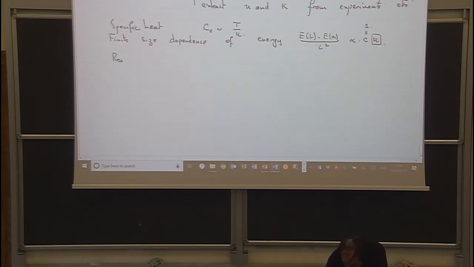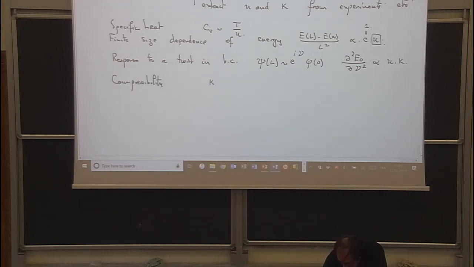Response to a twist in boundary conditions. So if you impose that psi of L is exponential of i nu times psi of 0, then the second derivative of the energy of the ground state with respect to nu square is proportional to U times K. Compressibility.